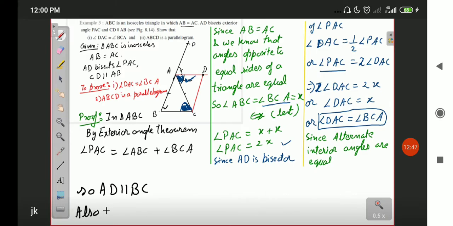Also, we have the CD line parallel to AB, which is given to us.